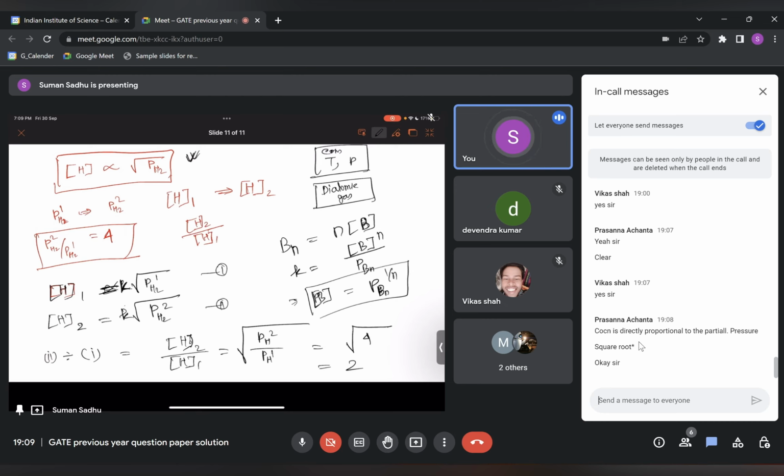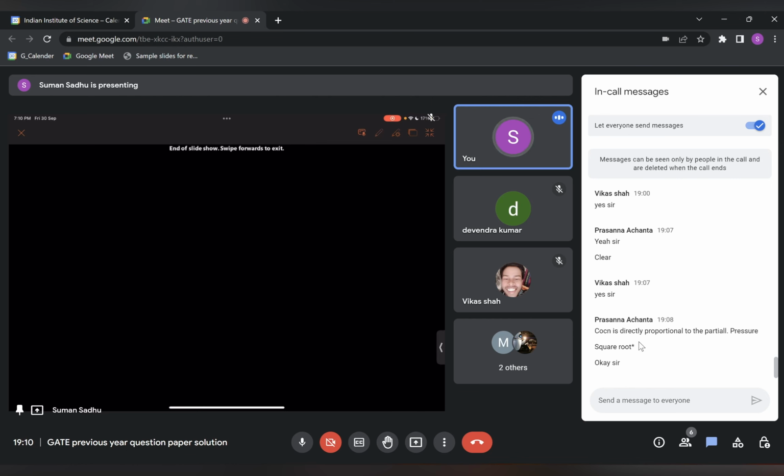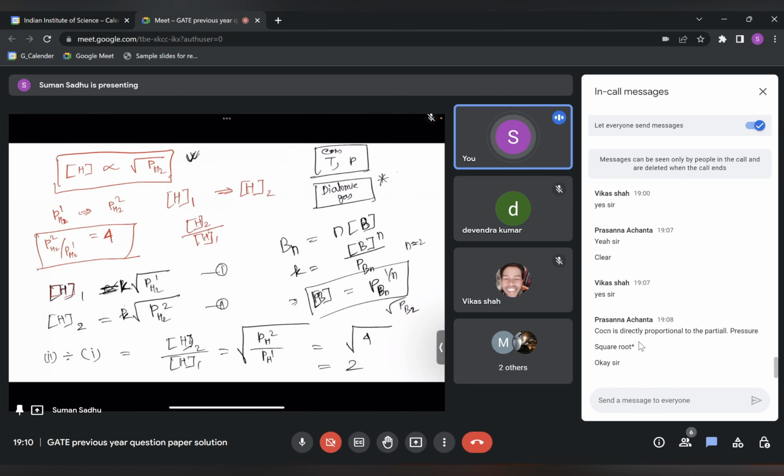When n is 2, that means for diatomic, then it will be a square root, right? So it is important that you mention the diatomic gas and also the constant temperature and pressure. Then only your dissolved concentration of that element will be directly proportional to the square root of the partial pressure of that gas. Okay, understood?